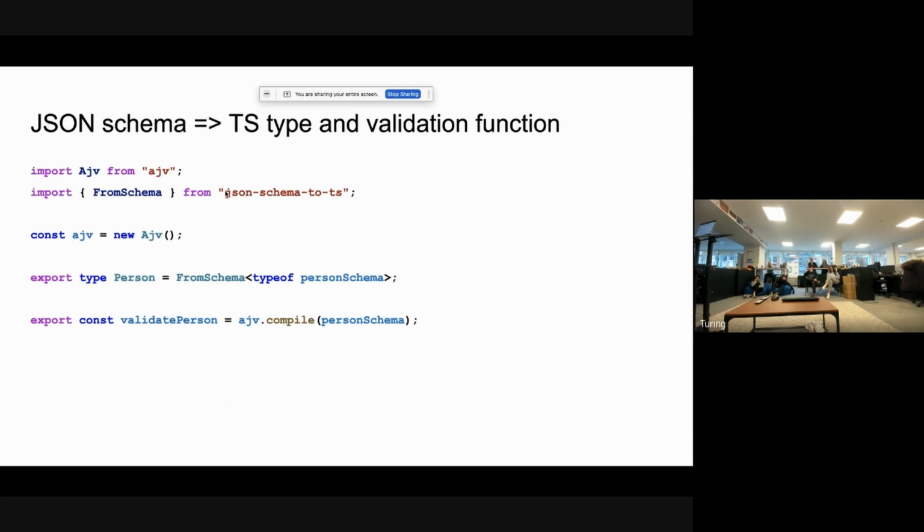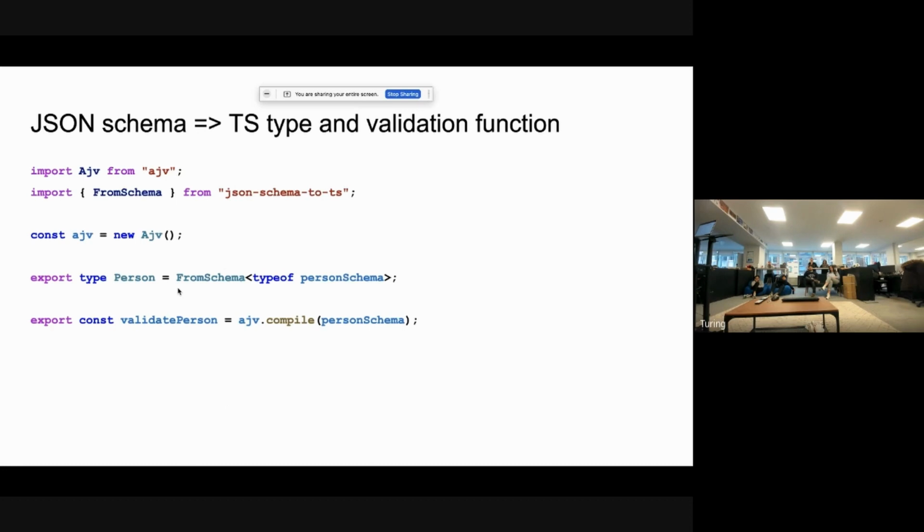And also this really cool library called JSON schema to TS, which automatically converts your schema into a TypeScript type. And it does this without generating more TypeScript files. You see this FromSchema type.